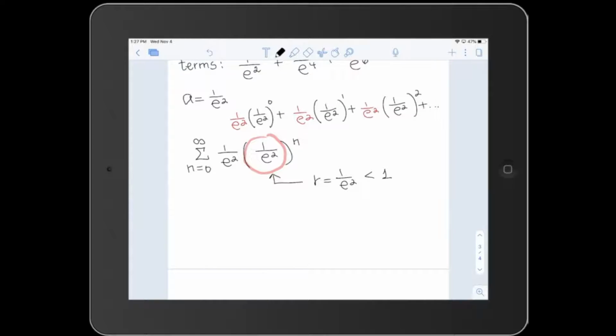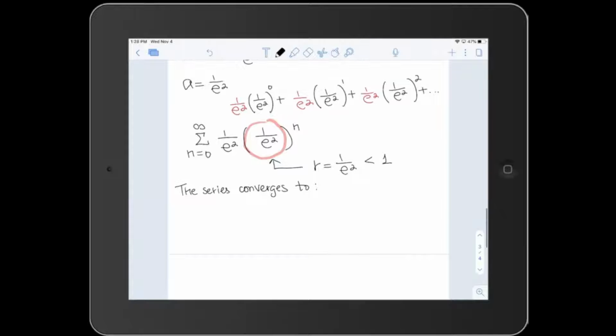Now the series converges to, and we compute it. So what is the computation there? That would be 1 over e squared over 1 minus 1 over e squared.